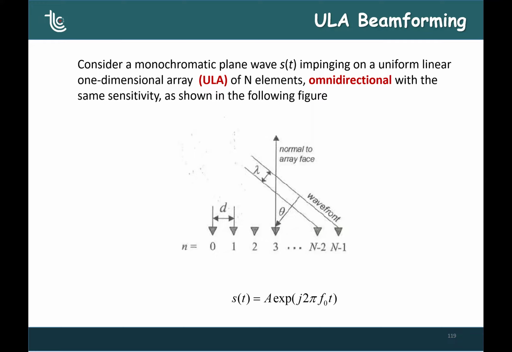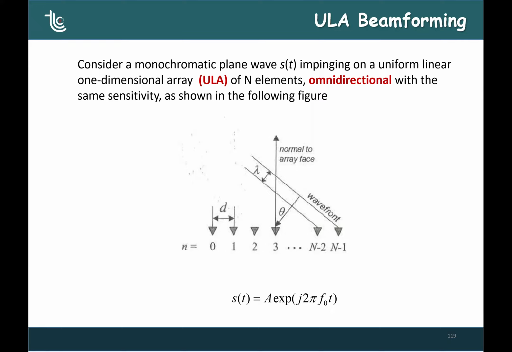And you see that in a uniform linear array, the distance between the elements is the same, d. The boresight is the direction orthogonal to the array. And then we have the angle of the direction of arrival of the signal, that is theta. And lambda is the wavelength of the signal.